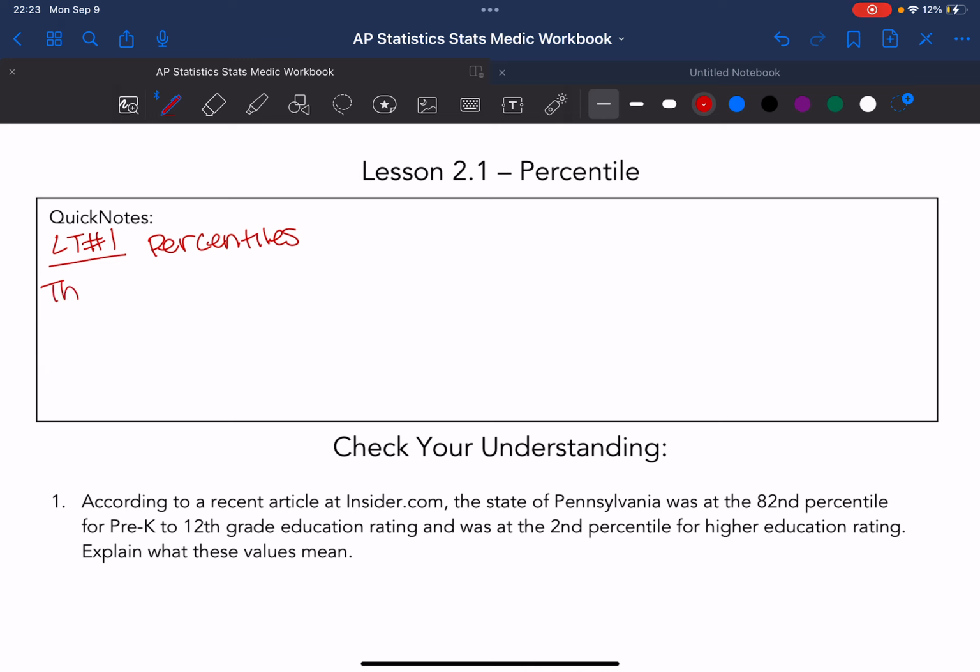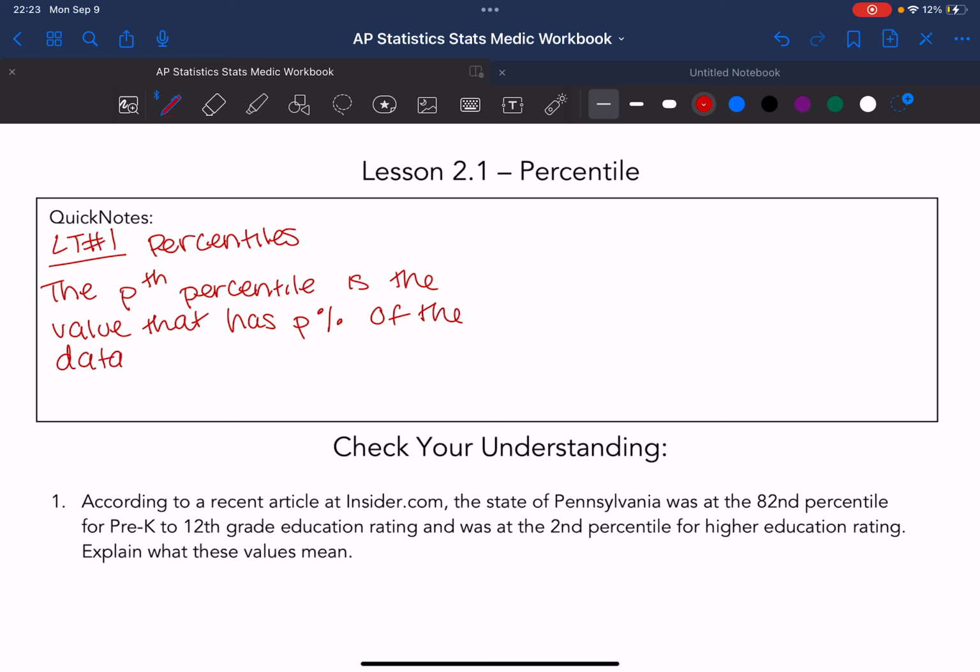The pth percentile is the value that has p% of the data less than or equal to it, i.e., at a certain percentile.